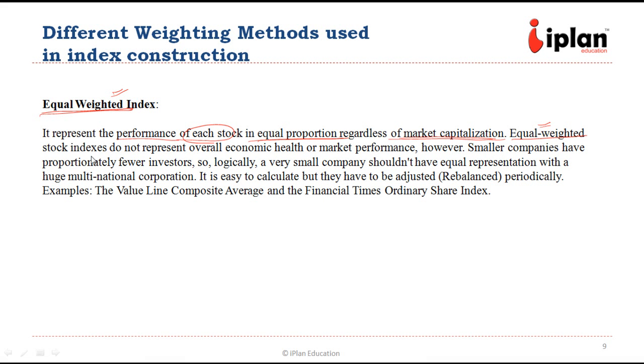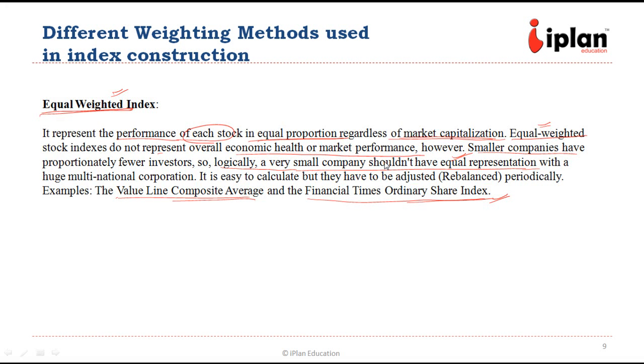But the drawback here is that each stock will not represent overall economic health or market performance; smaller companies are going to have a higher impact than they should and larger companies a lower one. So logically, a very small company should not have an equal representation in the index. So that is a drawback. The examples are the Value Line Composite Average and the Financial Times Ordinary Share Index, where each company is given equal weight, whether small or large.